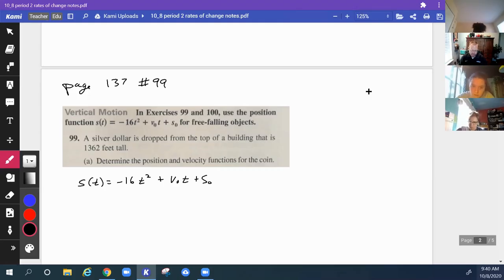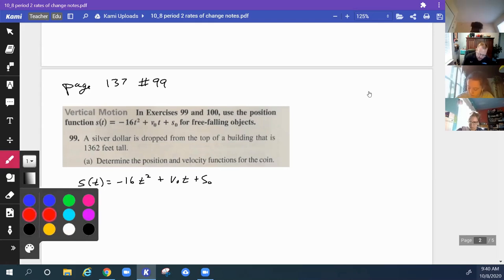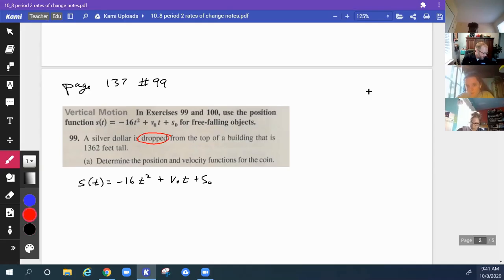All right, so a few things to think about. If I take a look at this, a silver dollar is dropped. That tells me that my initial velocity, v of 0, is going to equal 0, since it's dropped.